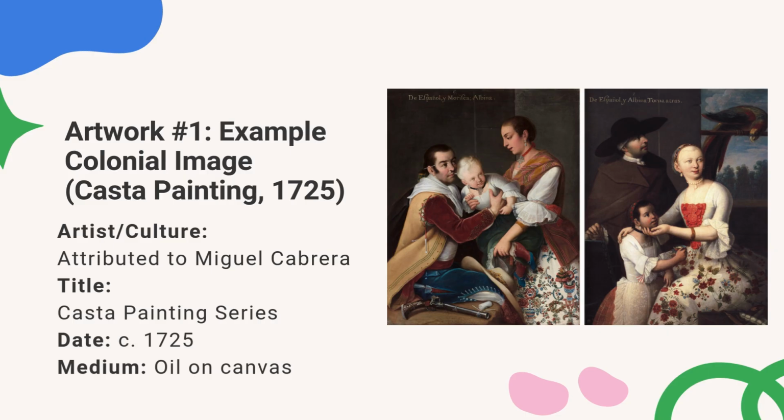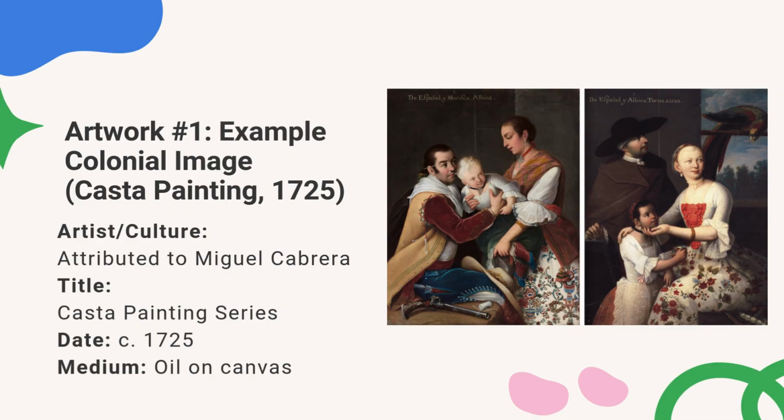One of the most iconic forms of colonial imagery is the casta painting, a genre that emerged in the early 18th century. Often attributed to artists like Miguel Cabrera, these paintings displayed family groups composed of parents of different racial categories, accompanied by their labeled offspring.